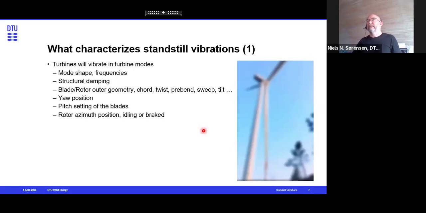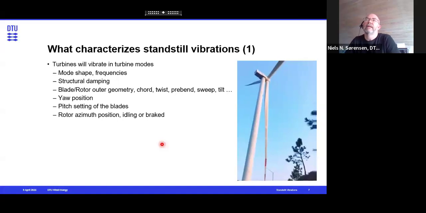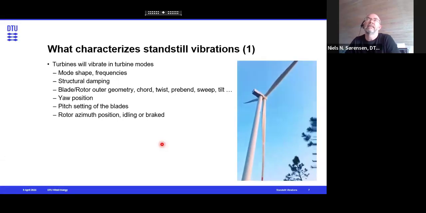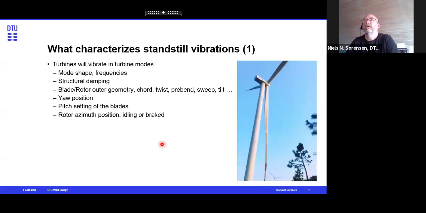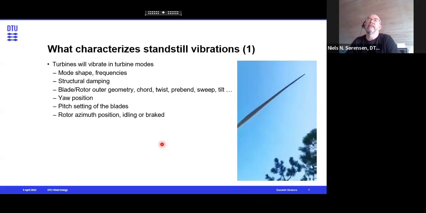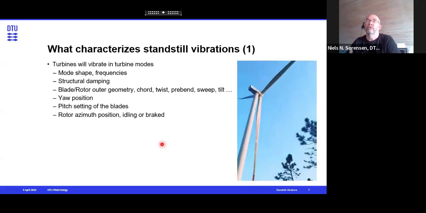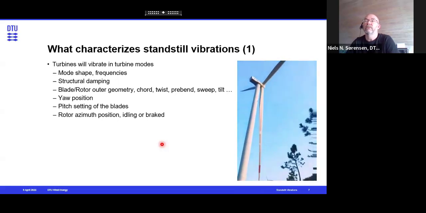If you look at standstill vibrations, there are a lot of parameters that you need to take into account. First of all, it is important to be aware that these vibrations are turbine modes. So we will need to know something about the possible mode shapes and the possible frequencies.